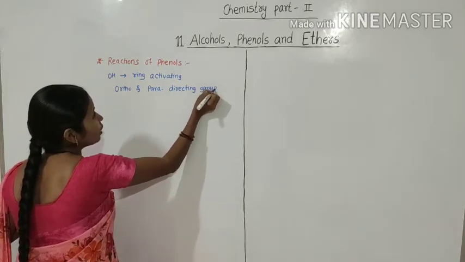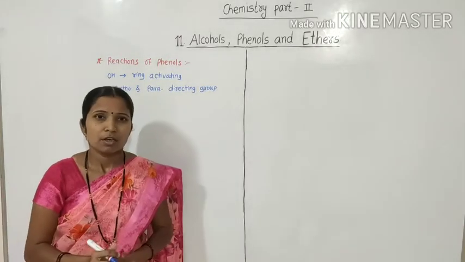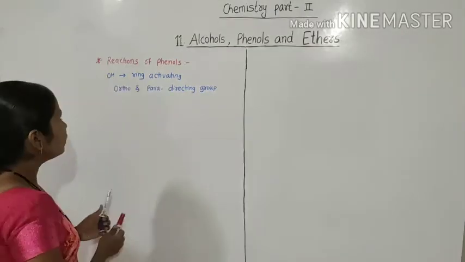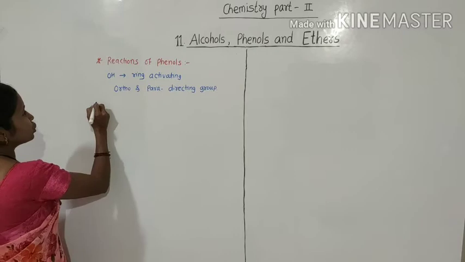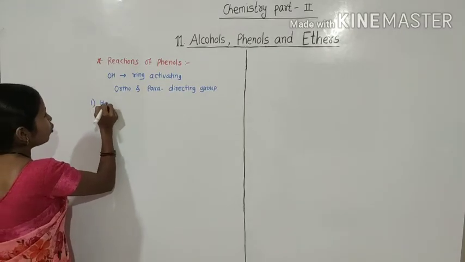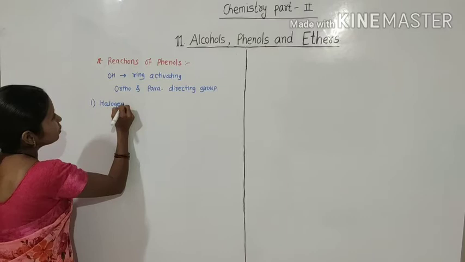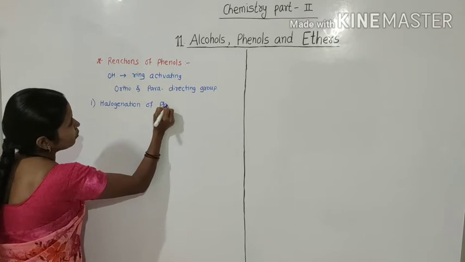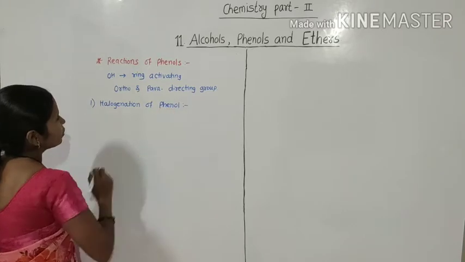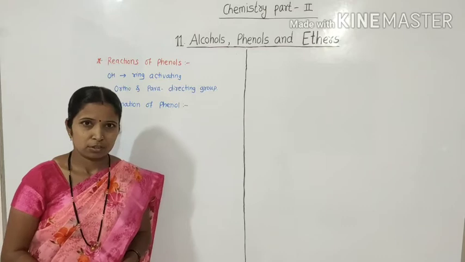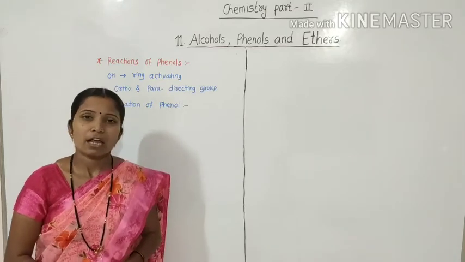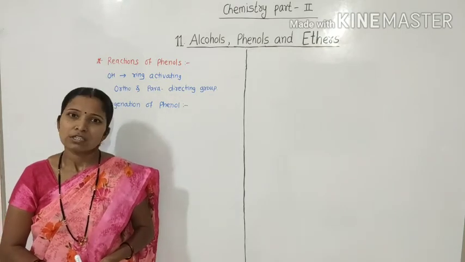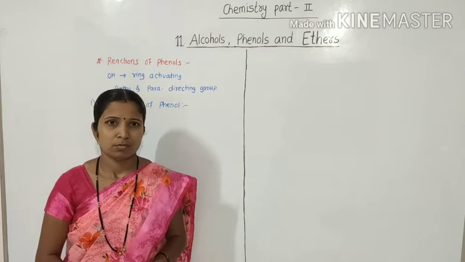So let's see the reactions of phenols. In that, first we see halogenation of phenol. In that, the phenol reacts with aqueous solution of bromine to form 2,4,6-tribromophenol.